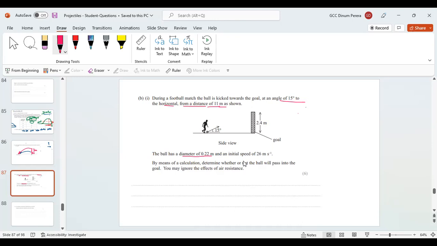The path of the projectile is the path of the center of gravity, which is 0.11 meters above the ground. The diameter is 0.22, so the center of gravity would be 0.11 meters above the ground. And the initial speed is 26 meters per second. By means of a calculation, determine whether or not the ball will pass into the goal. You may ignore the effects of air resistance.